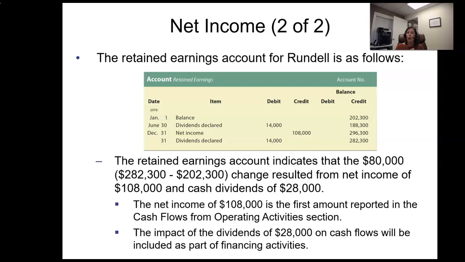So what we know is the difference between the change in retained earnings and what it would have been if we'd paid no dividend out is what we paid in a dividend. So $28,000 is what we paid in a dividend, and we're going to note that for our financing section a little bit later.